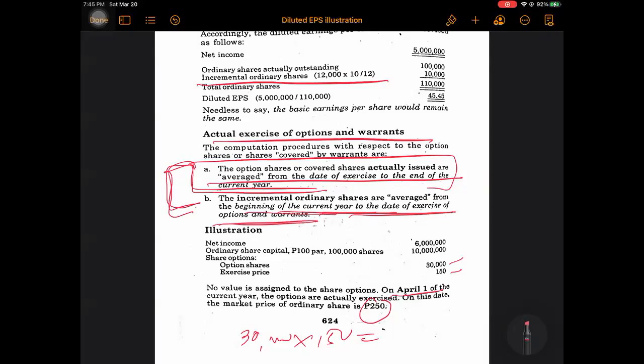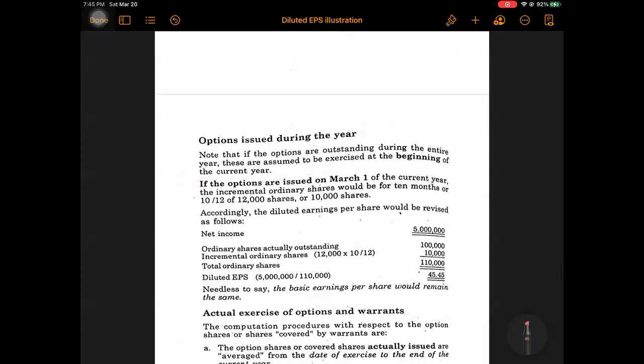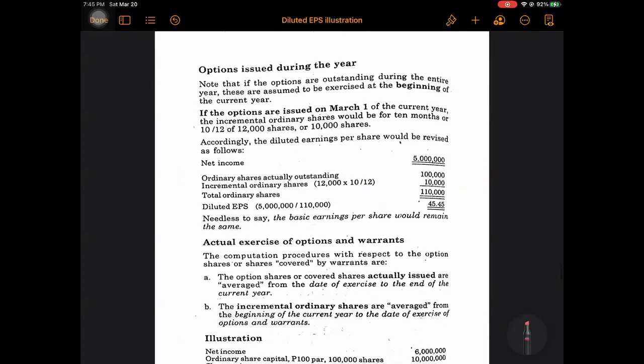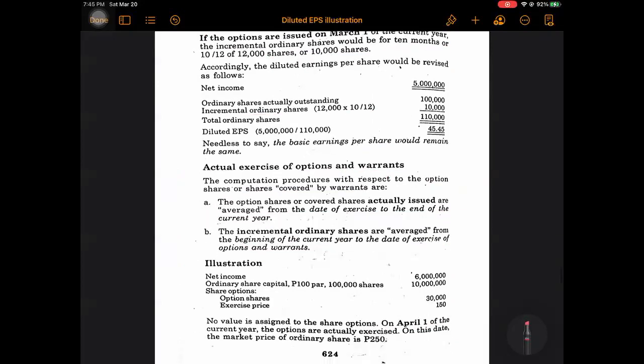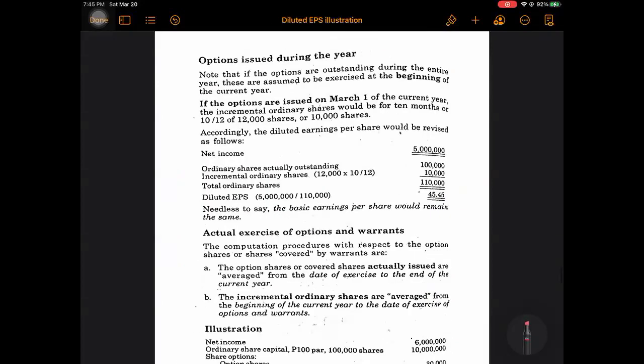The answer is you start from the issuance date, up to the date of exercise. For example, if it was issued on March 1, in this case the computation is 10/12.